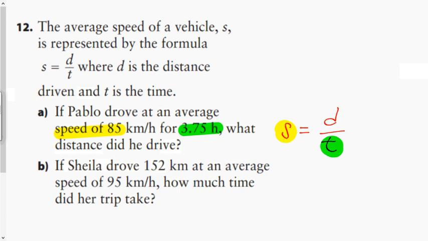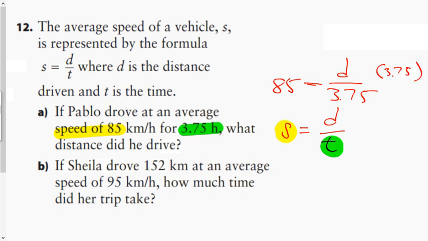Here's your solution. So for the first question, the speed is 85 kilometers an hour. So I'm going to substitute, oh, that's not a marker, that is a highlighter. I'm going to substitute 85 where my S is. My distance I don't know, so I'm going to leave it as the variable d. And my time I know to be 3.75. Once I've substituted them in, I'm going to isolate using my algebraic sense.